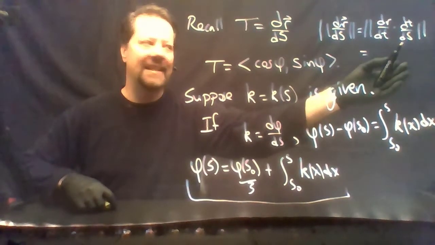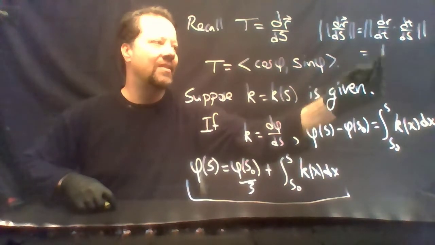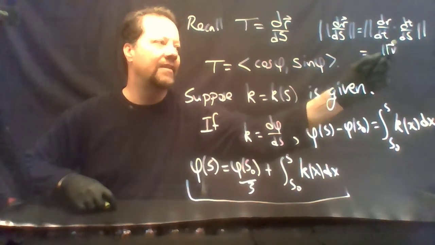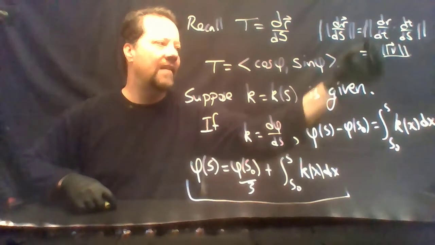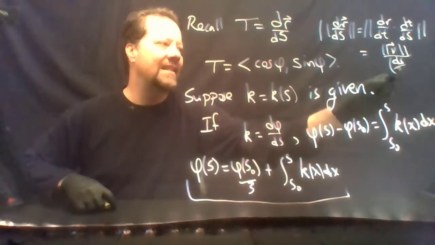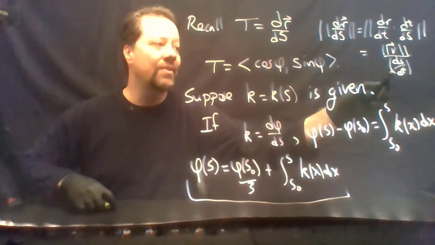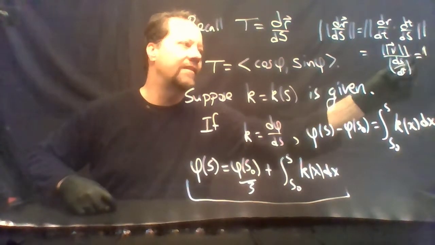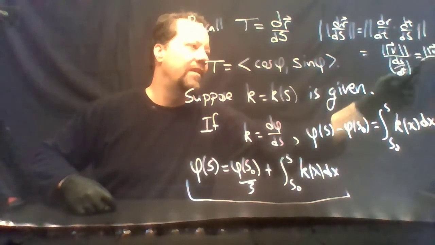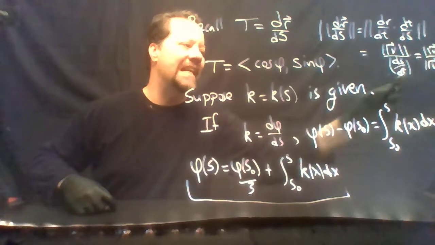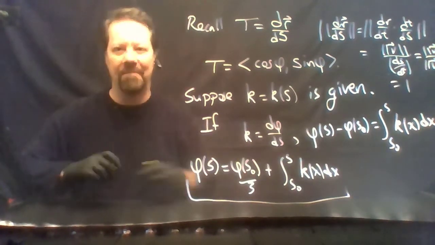The scalar comes out, but that's ds dt, which is also the norm of the velocity vector, the speed, and so you get 1.